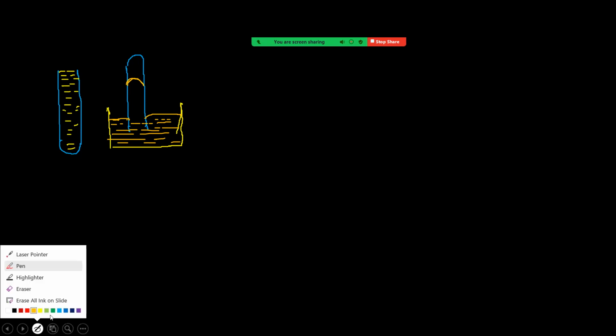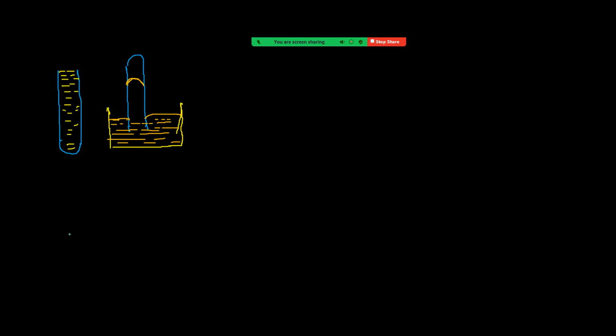Now mercury is up to some height. It is not completely filled after inverting. It is only up to some height. For example, that height is equal to h.